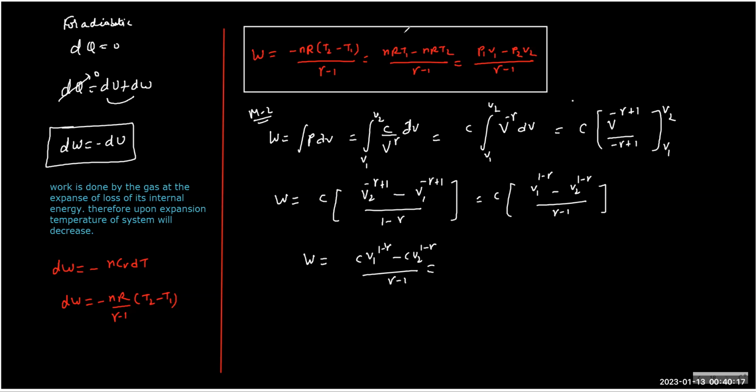And now here is the trick part. So C is actually PV^gamma, right? So for the first term, I can replace C by P1V1^gamma. But for the second term, I will replace C by P2V2^gamma. Now this is the trick part. I mean, this is how we derive. And now you can see the answer is.